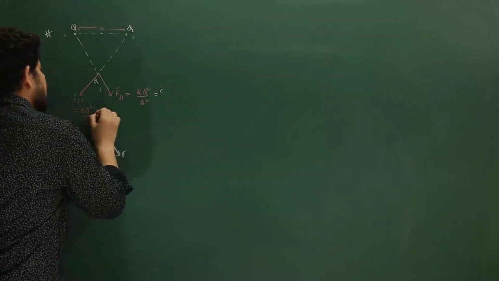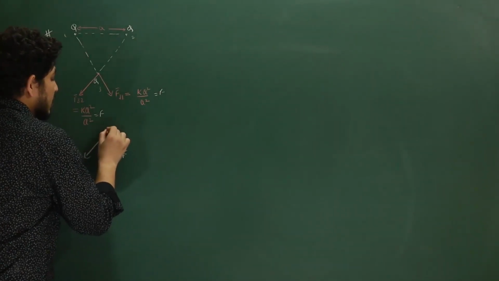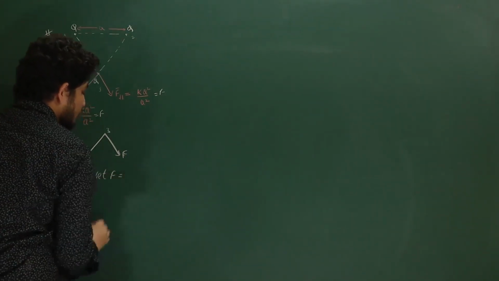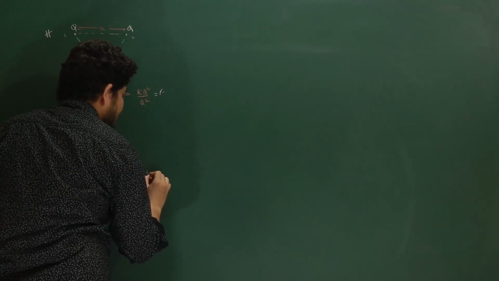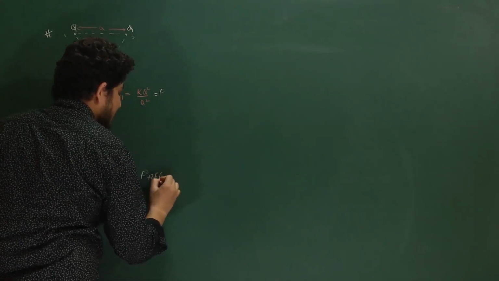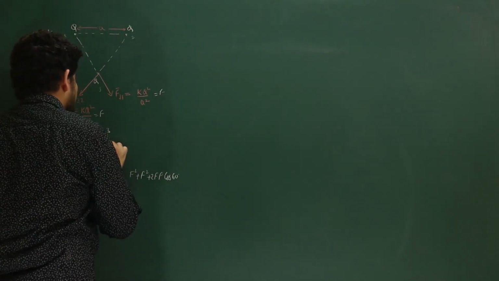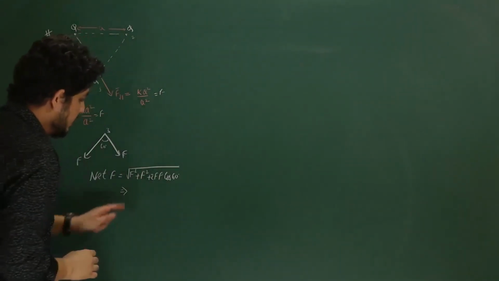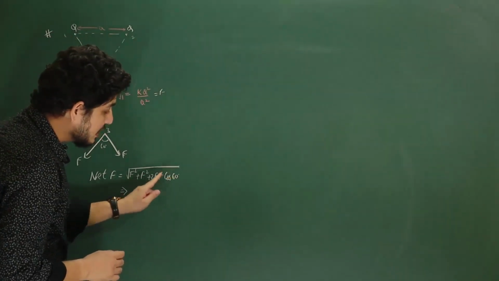If we consider this as F and this is also F, and this is the third charge, then the net force will be equal to the square root of F square plus F square plus 2F into F cos 60.